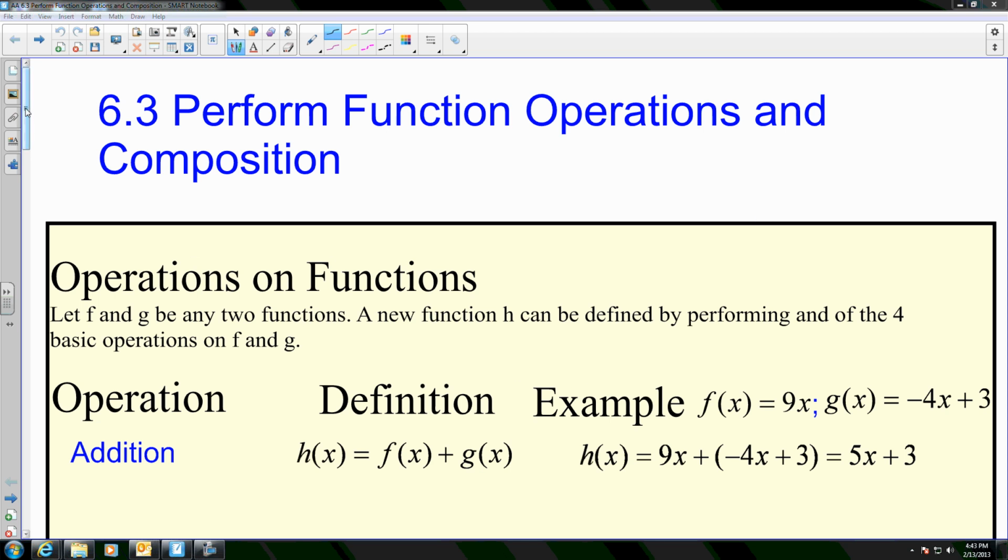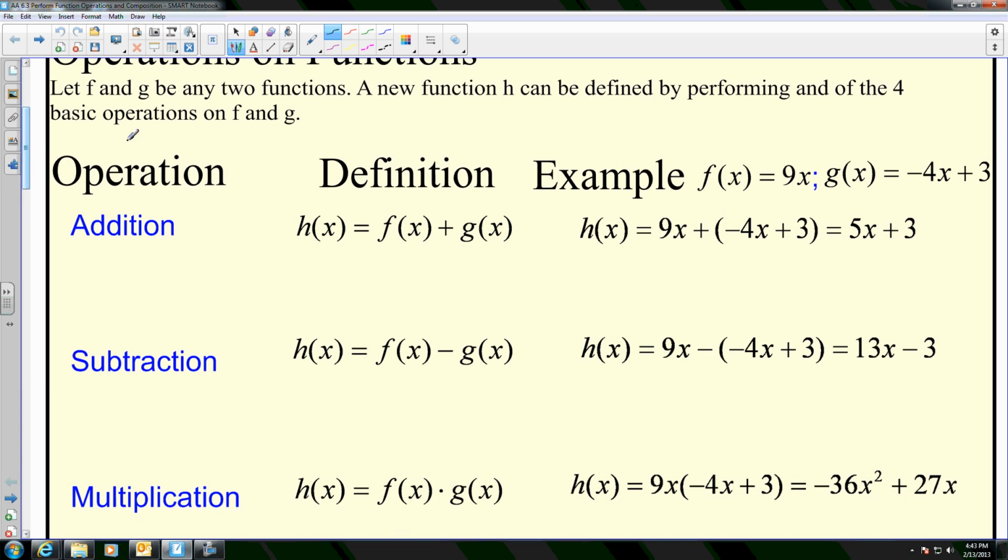So here in the table, I have h of x equaling f of x plus g of x. Well, in our example here, I have f of x equaling 9x, and then my g of x is equaling negative 4x plus 3.